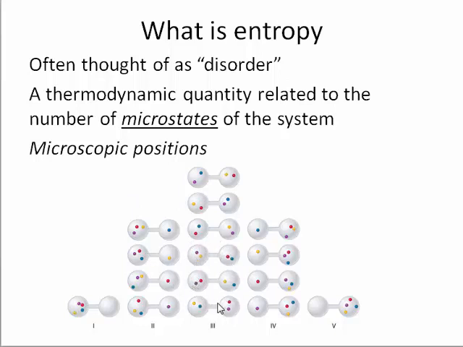In general, more probable arrangements, such as an even distribution of particles, are also the quote-unquote more disorderly arrangements. You may think that distributed particles are more disorderly than having them all on one side or the other.